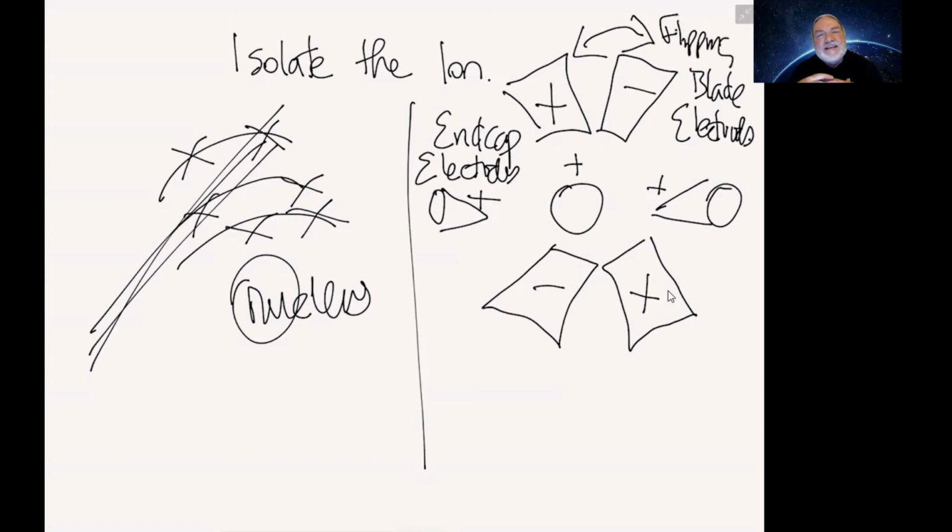This has the stabilizing effect of keeping this ion suspended in space so that it's not touching anything, and with microwave pulses it can then be manipulated to its superposition, mathematically representing a qubit.